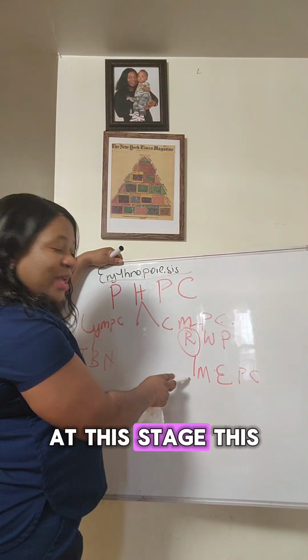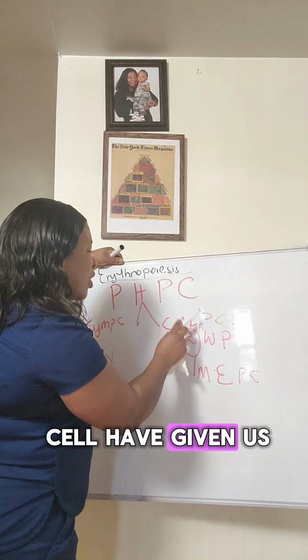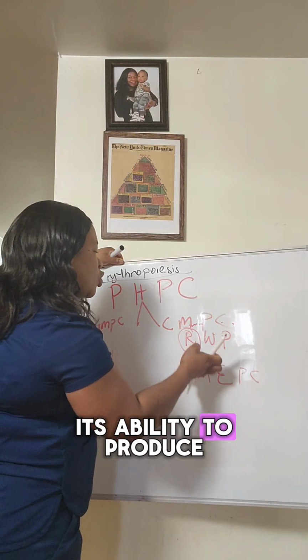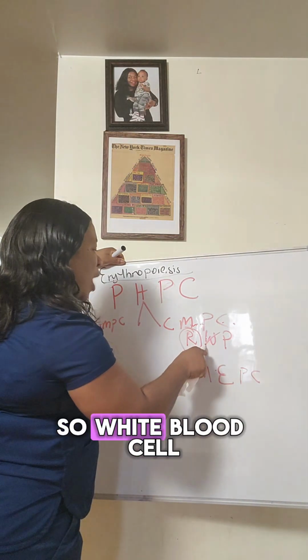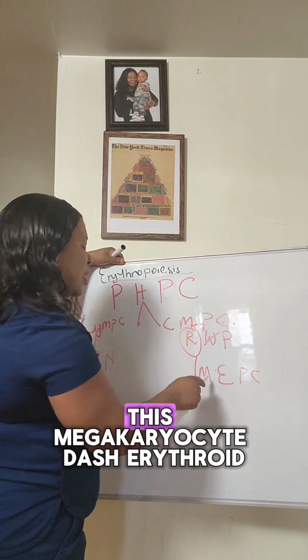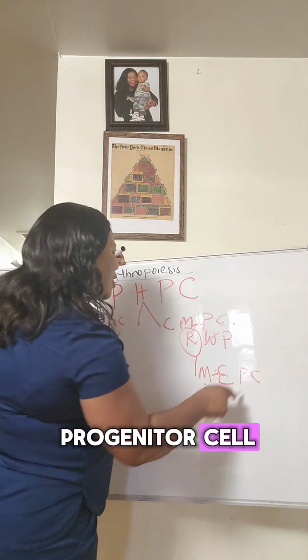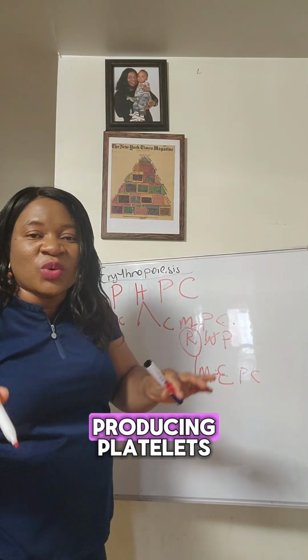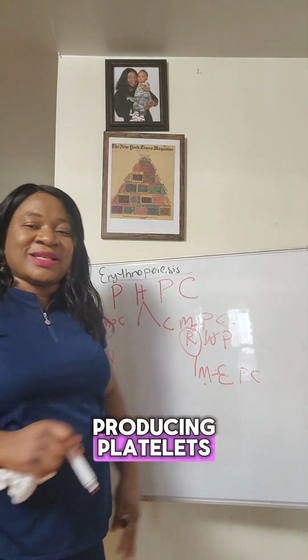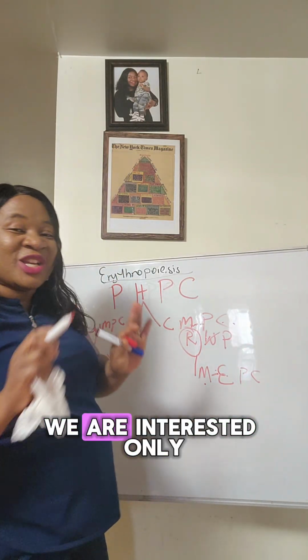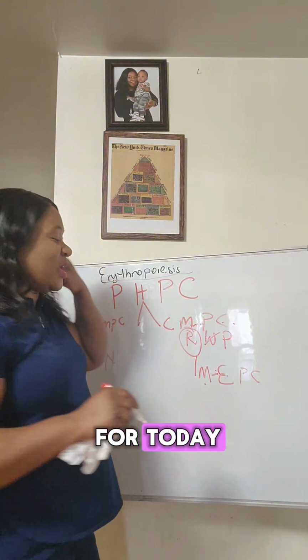At this stage, this cell has given up its ability to produce white blood cell. So the white blood cell pathway is gone. This megakaryocyte-erythroid progenitor cell has the potential of producing platelets and red blood cell. We are interested only in red blood cell for today.